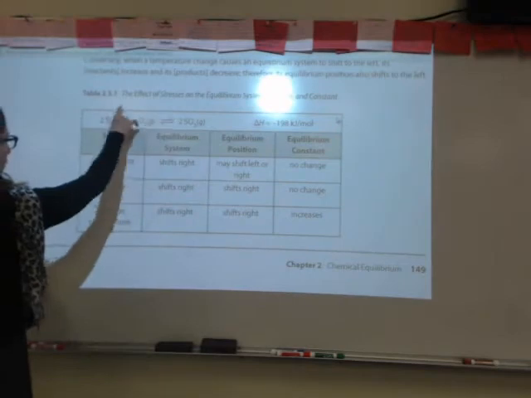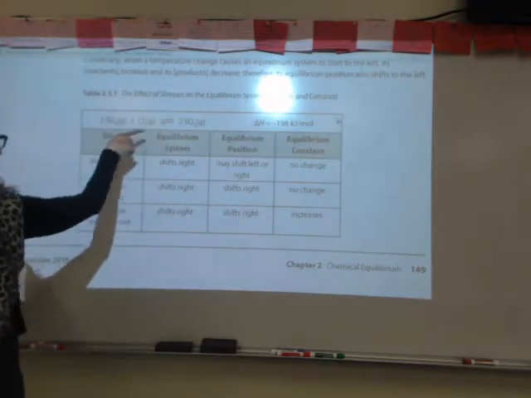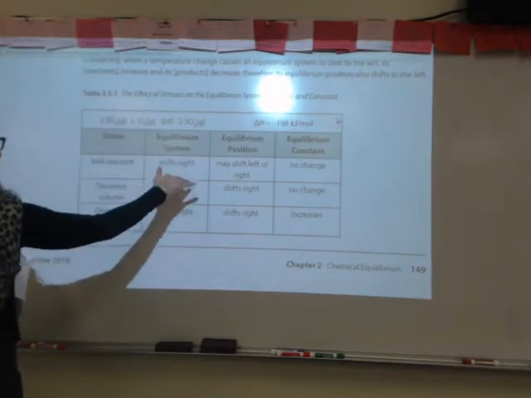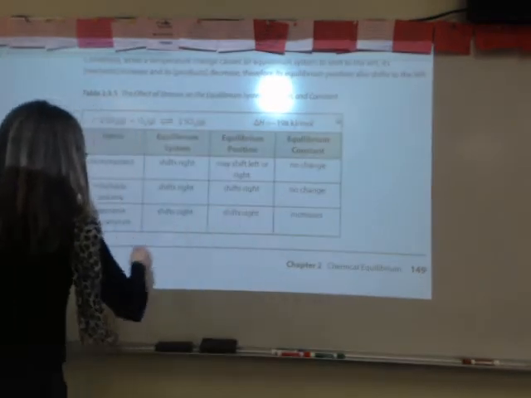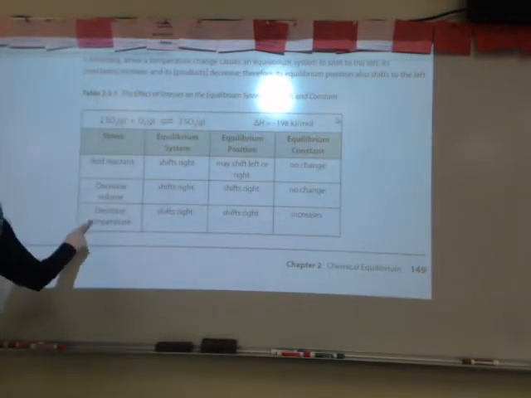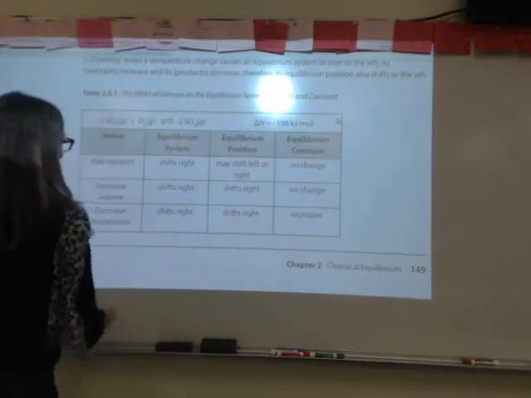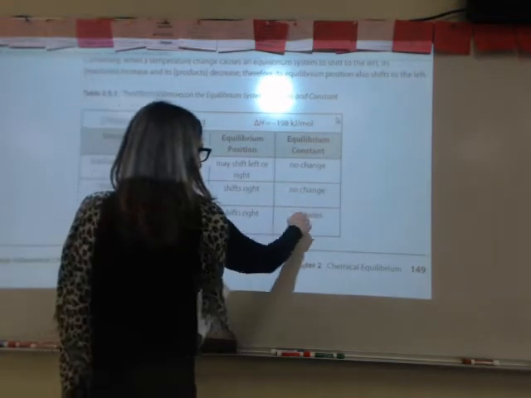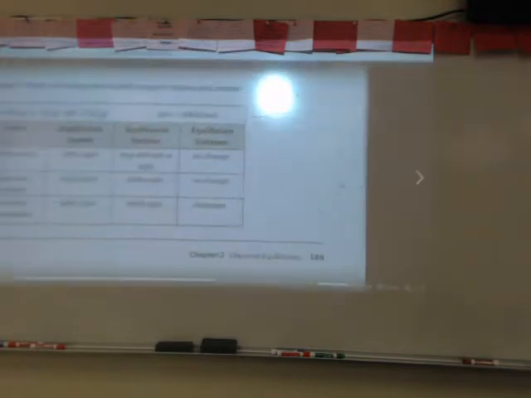If I decrease the volume, you're going to end up shifting to the right to bring the pressure down, but you will see no change in the equilibrium constant. If I change the temperature, however, I'm going to see an increase in the equilibrium constant. So this is showing you that temperature changes affect the equilibrium constant. If you turn to the next page, take a look at the quick check.